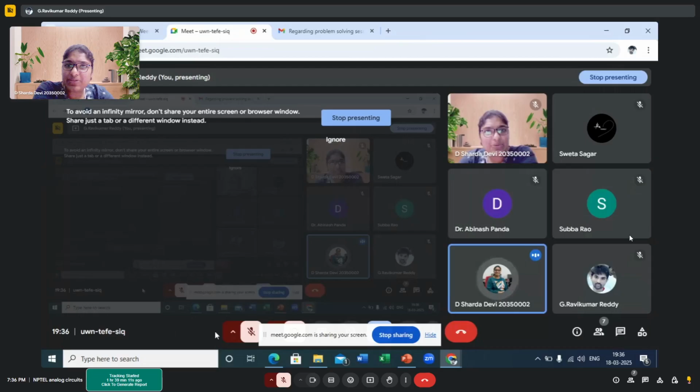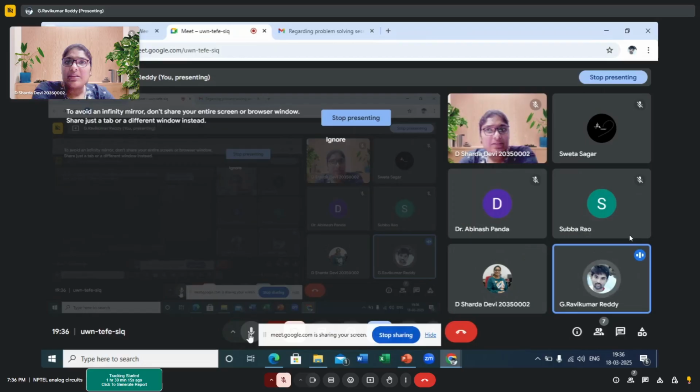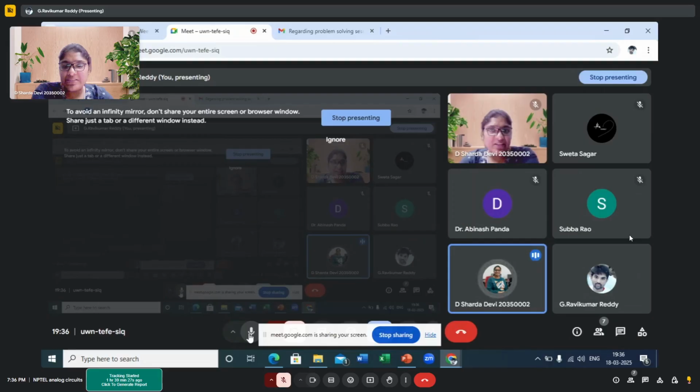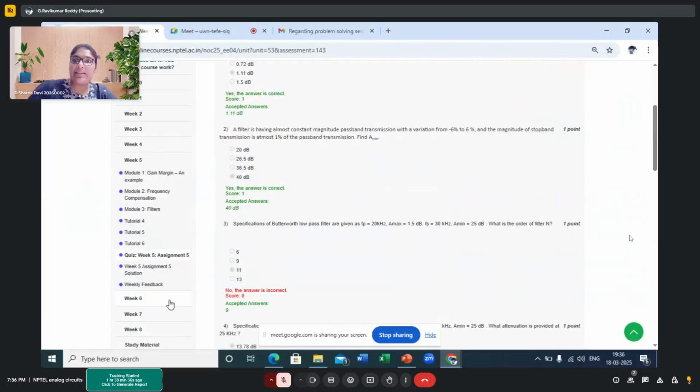Just looking at this question, I feel they discussed Chebyshev filters, and not Butterworth filter. Generalized low pass filter, high pass filter, they discussed. Regarding this type of questions, they are not discussed, madam. No, because if I'm reading just the problem, I feel the problem is incomplete. Can you show me the solutions, what they have referred to, and how they are solving? Maybe I can get some idea from there.